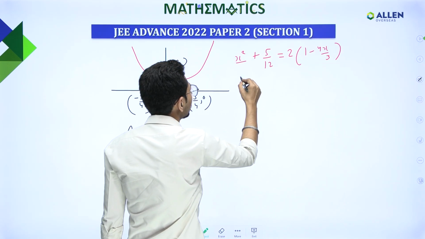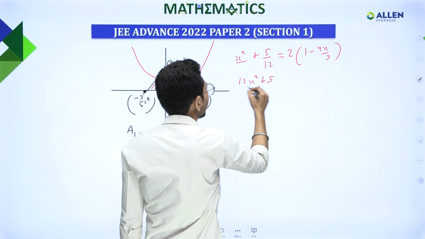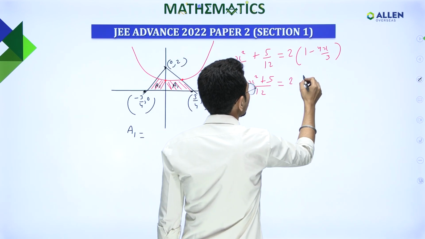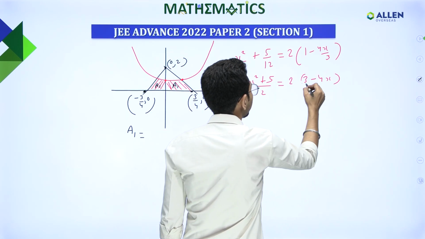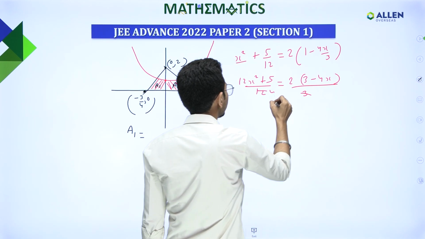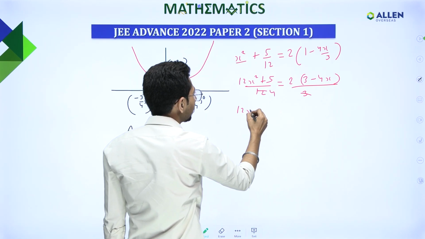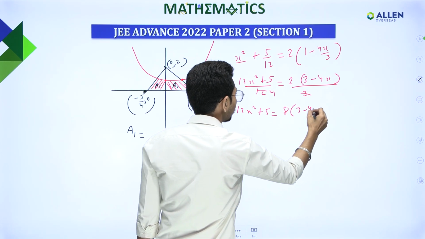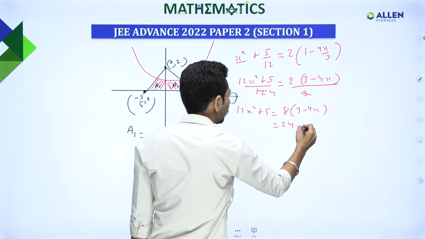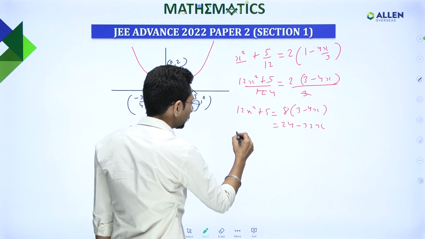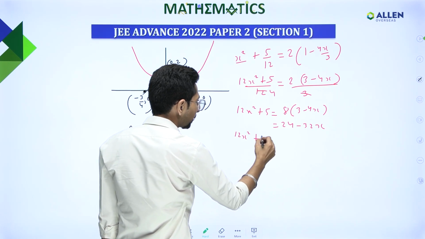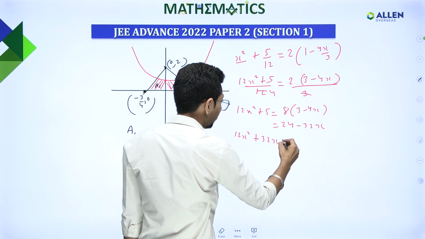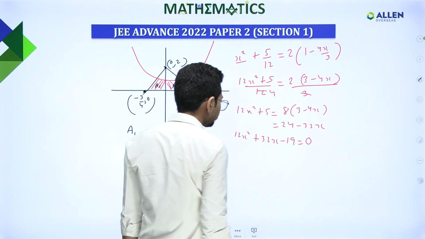On taking LCM, this will be 12x square plus 5 by 12, that is 2 into 3 minus 4x by 3, 3, 4, 12. So this comes out to be 12x square plus 5 equals 8 into 3 minus 4x, which will be 24 minus 32x. So this equation comes out to be 12x square plus 32x minus 19 equals 0.